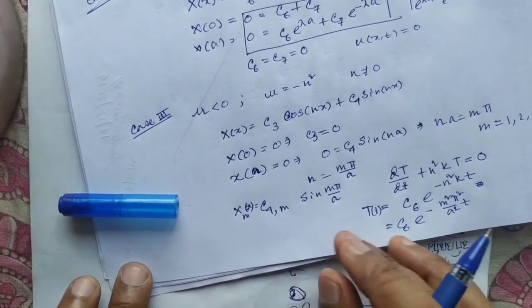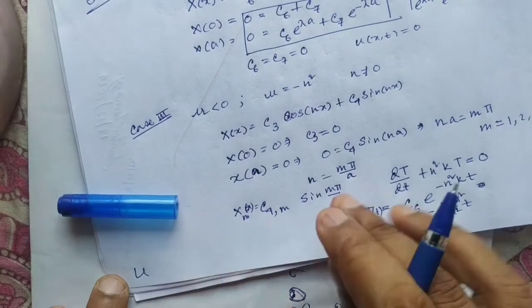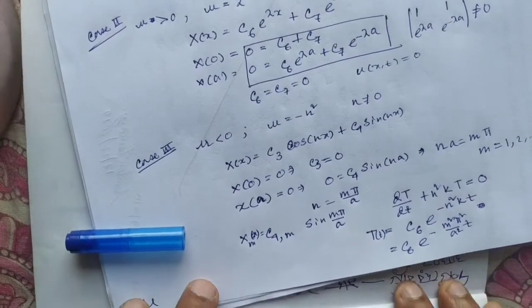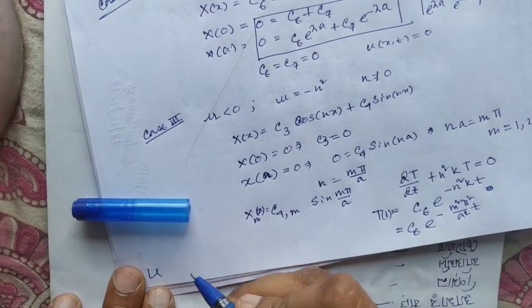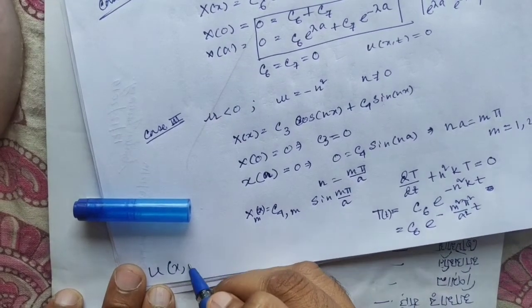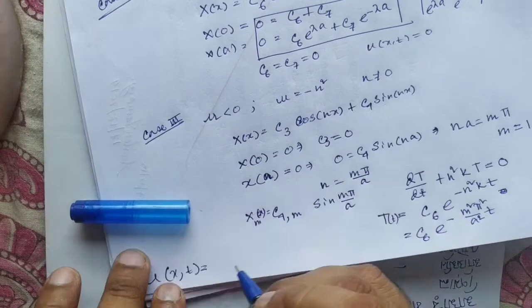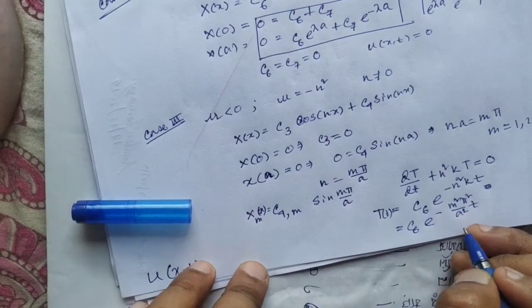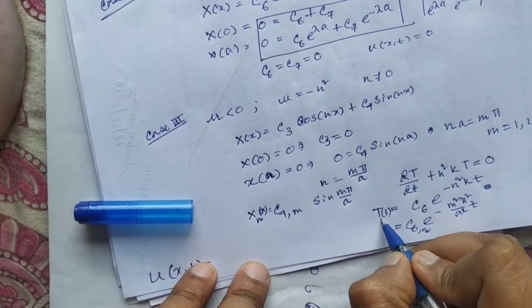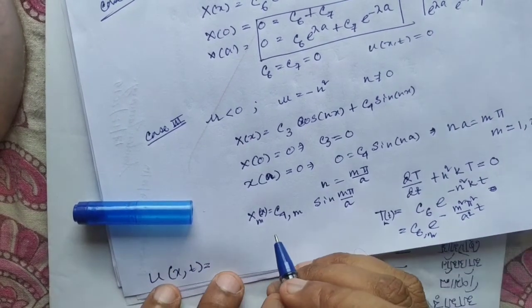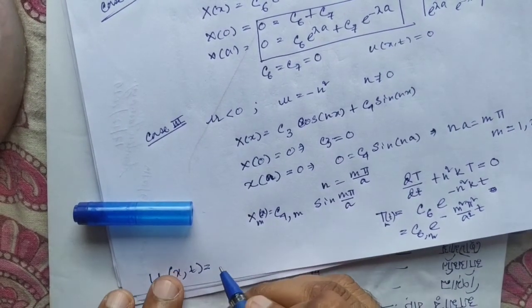So your solution becomes u(x, t) is equal to, and one another thing, whenever you are writing a m, you should write a suffix m there, because you can have so many solutions.